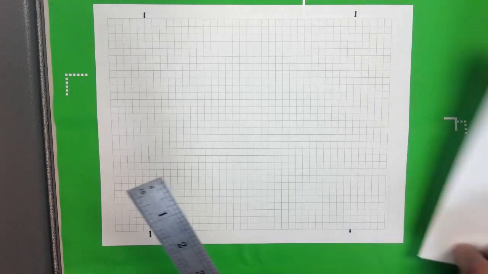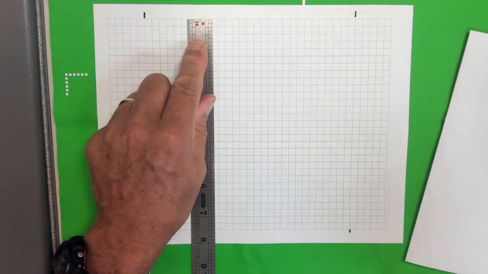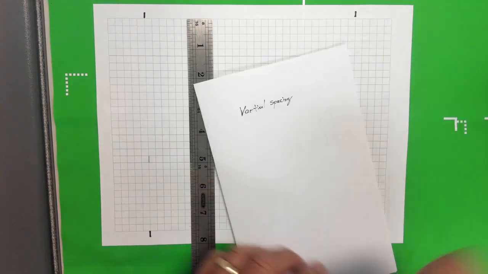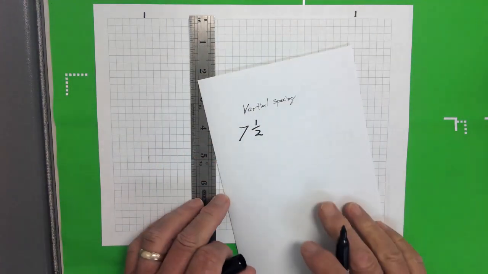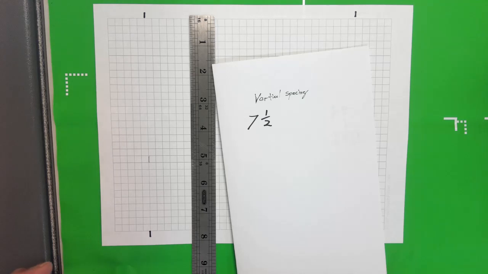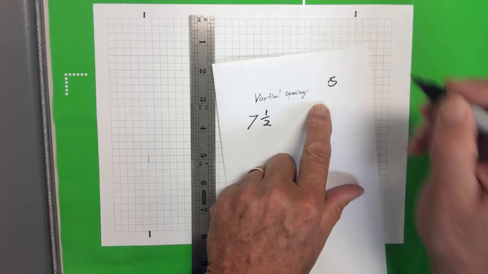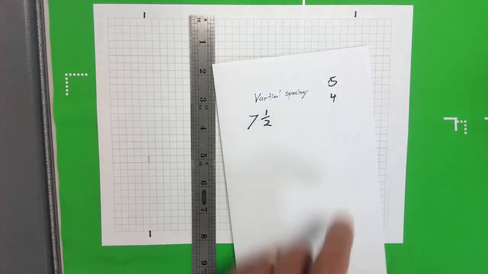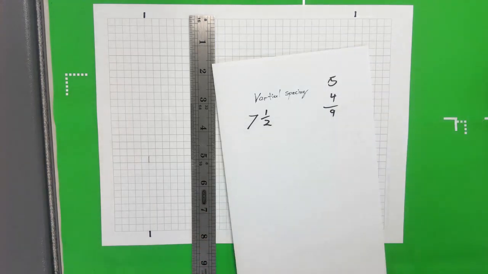So the vertical spacing. I measure my paper, I get 7 1/2. And then I counted the squares of my object. It's 5 squares tall in the front view, 4 squares deep in the top view, which gives me 9 squares.